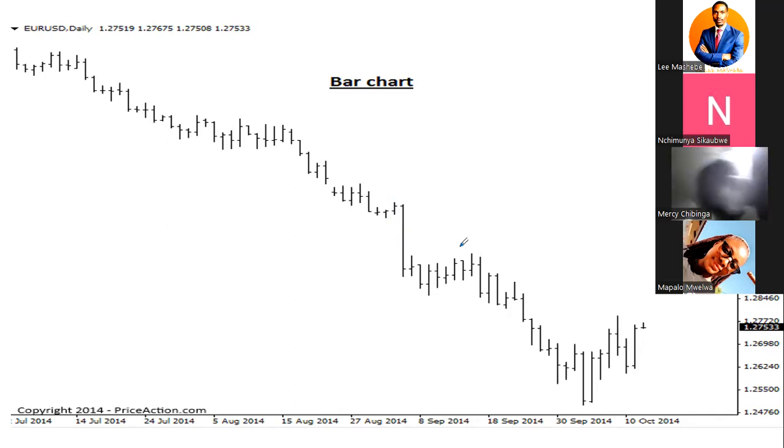We are looking at the same market, which is Euro USD on a daily time frame. This market is in a downtrend. We are just changing the types of the chart.